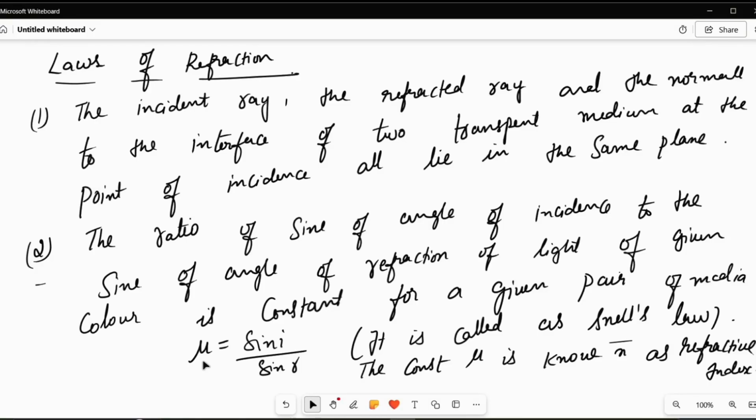For example, if light is moving from air to a very dense glass, the velocity difference will be more, so the bending will be more and the mu constant will be more. This second law of refraction is also called Snell's law. Sometimes in the exam they ask you to explain Snell's law, for 1 mark questions.